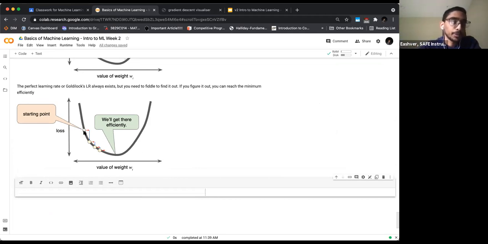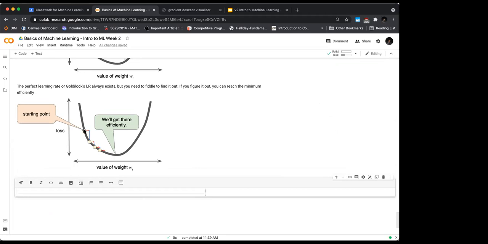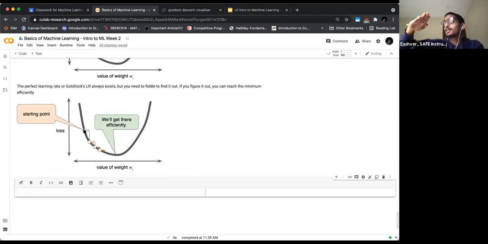Here the slope might be 1, but as you reach the bottom of a parabola, the slope gets closer and closer to 0. And since it's going closer and closer to 0, the step is smaller and smaller over time as well.